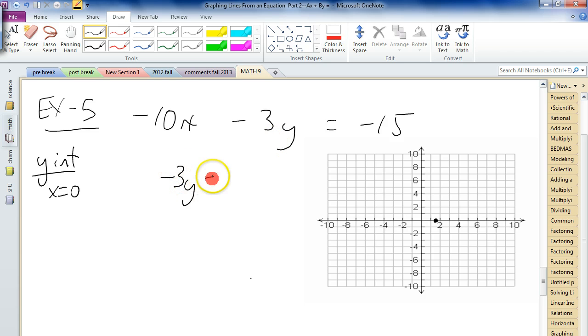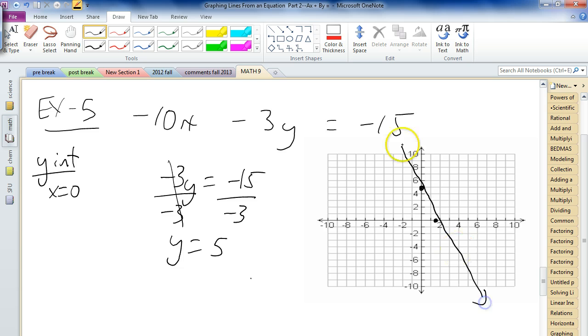Divide by negative 3, 3s are gone. And again, 2 negatives is positive, it's 5. X is 0, y is 5. There's our fairly steep graph with the lousy line. You'll do better. Done.